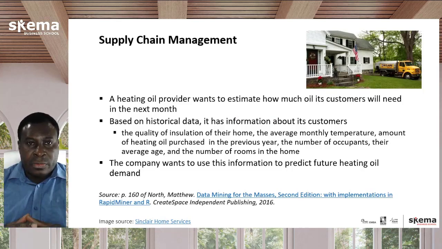This example from supply chain management concerns heating oil, or en français c'est fuel, which is often used to heat homes. It's not the most environmentally friendly approach, but it is very cost effective in a lot of places because, based on the price of oil, heating a home with this technology is cheaper than a lot of other options, and often cheaper than direct electric heating.